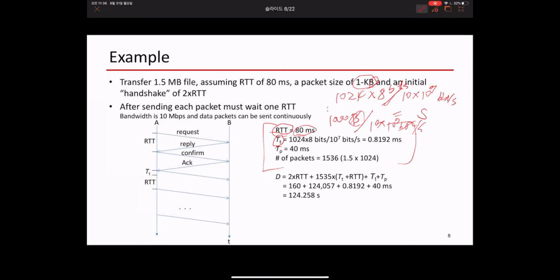Then I am using 1024 more precisely, and 8 for the bits. Then I can divide bits by bits per second, therefore I get seconds. Min Heng, is it clear enough? So we have to see what is a byte, what is a K, and what is a bit. When we calculate, everything needs to be converted to the bits level. Then I can divide it properly.